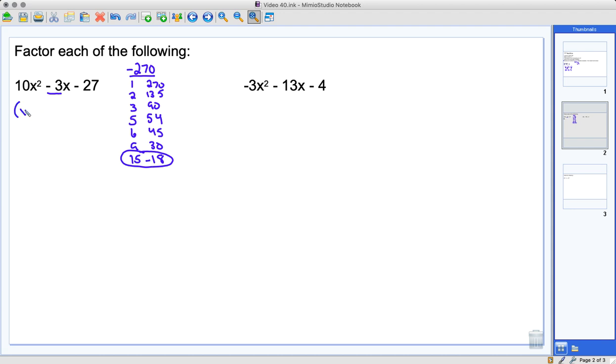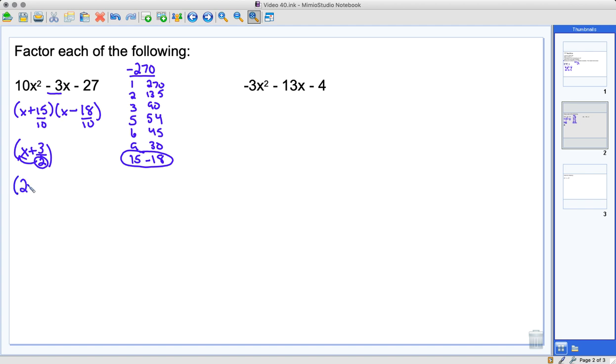So I have x plus 15 times x minus 18. So then we divide by 10. Now 15 over 10, you can actually simplify that fraction, okay, because 5 goes into both of those, so you get 3 over 2. Okay, but we don't want to write it as a fraction, so we're going to take our 2, put it out in front.